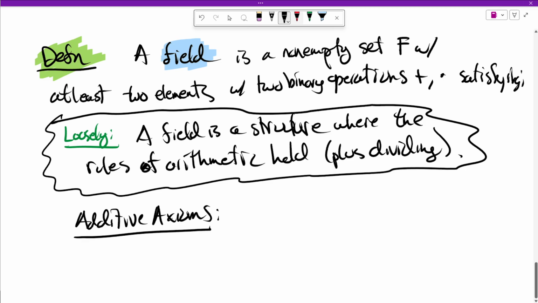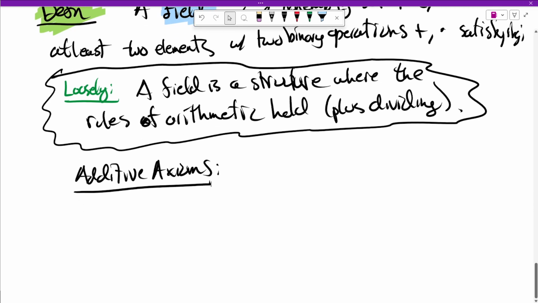So we have some additive axioms, some axioms about the plus binary operation. And the additive axioms say that, well, it should be associative. I'm going to do the same order as your book, but there is not really an order here. You just have to do all of them.